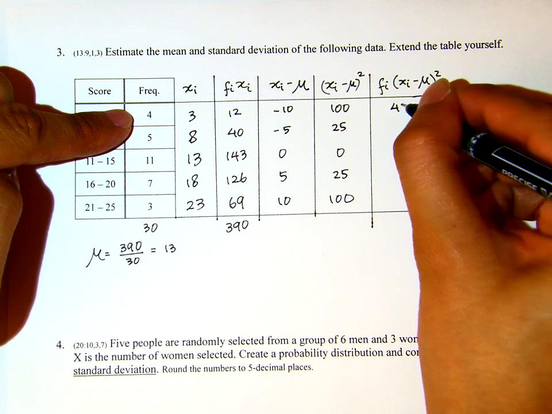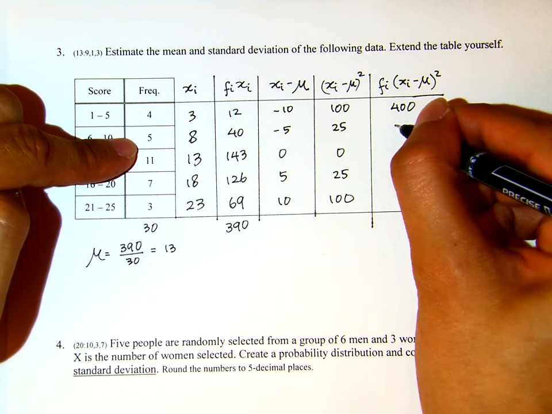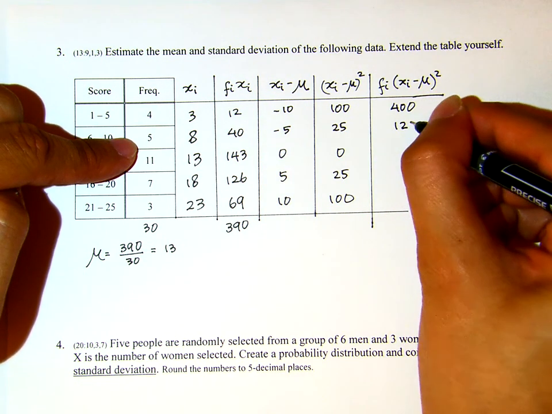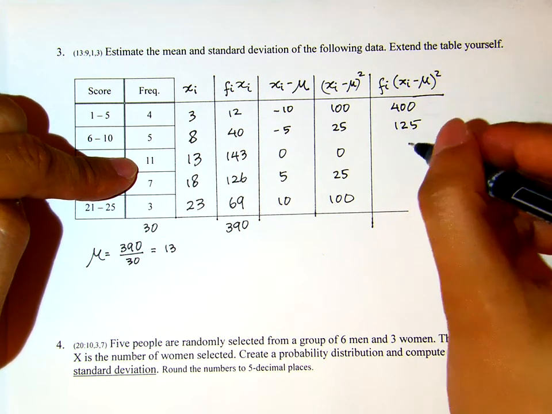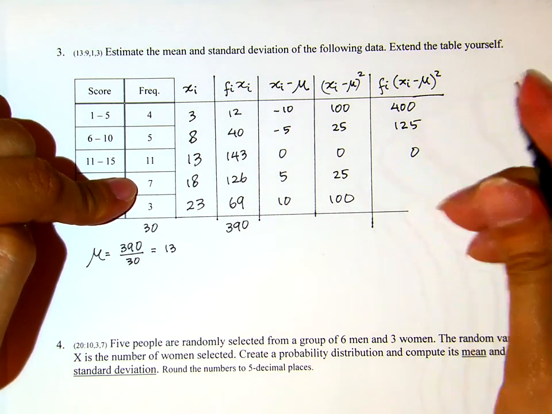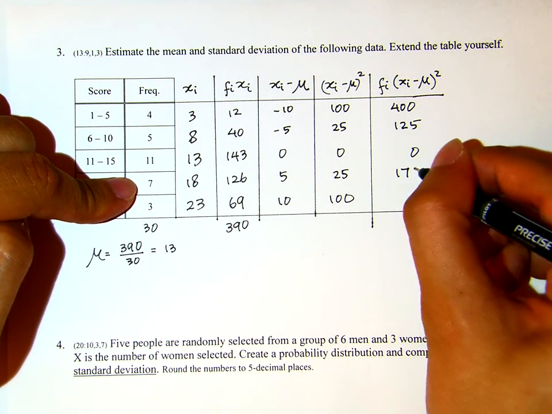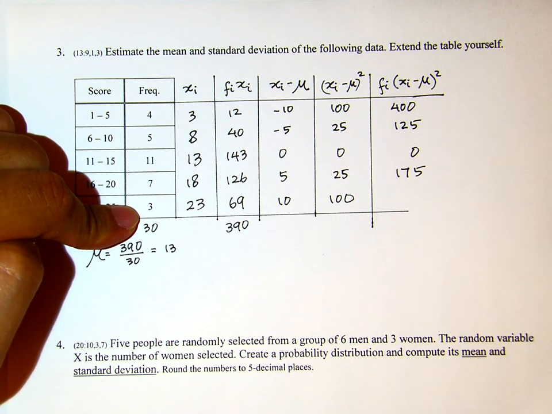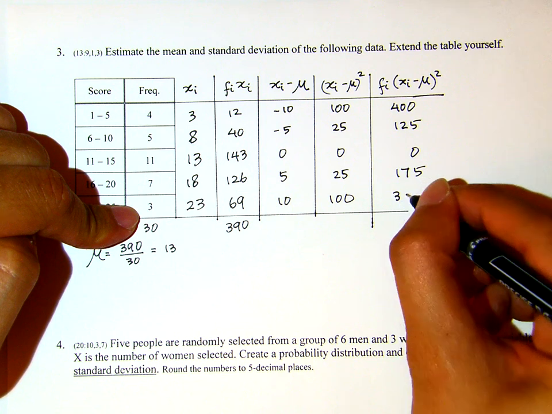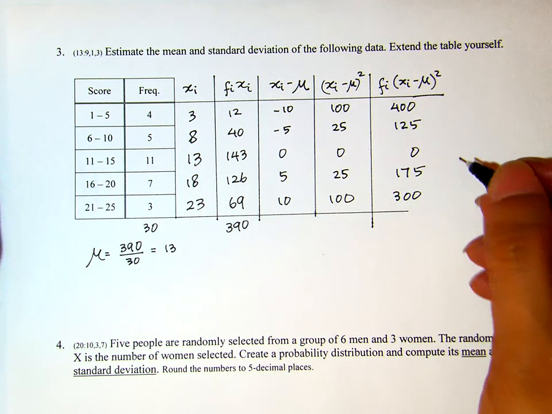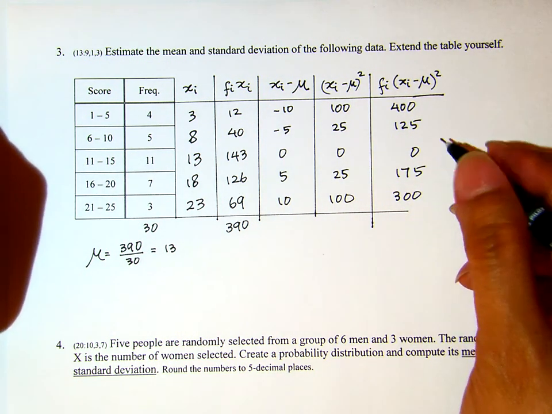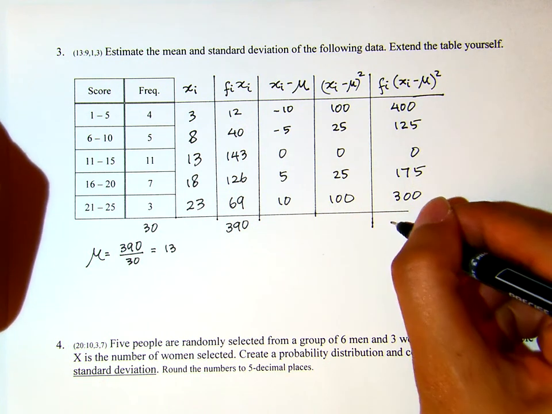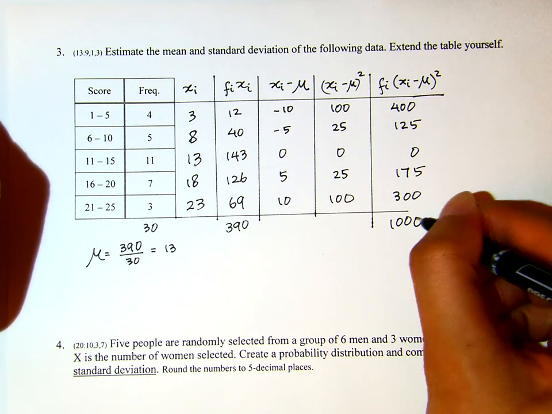This will be 400. 5 times 25 is 125. 11 times 0 is 0. 7 times 25 is 175. And 3 times 100 is 300, which if I add them, that's precisely 1000, right?